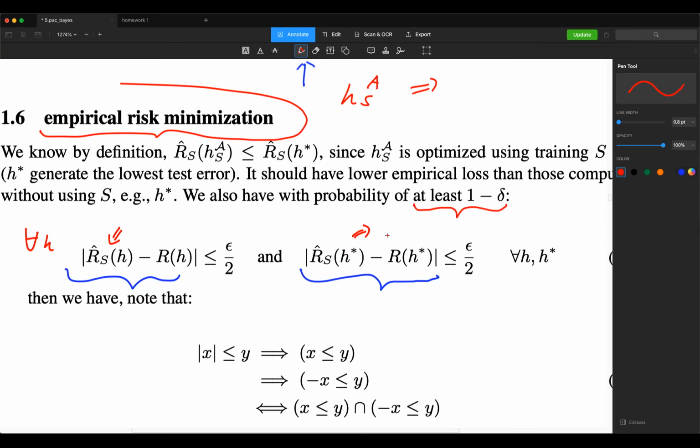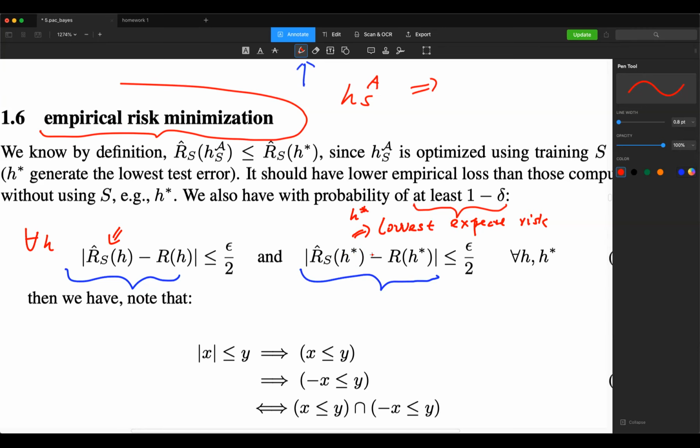You've got to be very careful, okay? So this H star gives you the lowest expected risk. If that H star gives you the lowest expected risk, would this be low? By the way, this is the empirical risk.